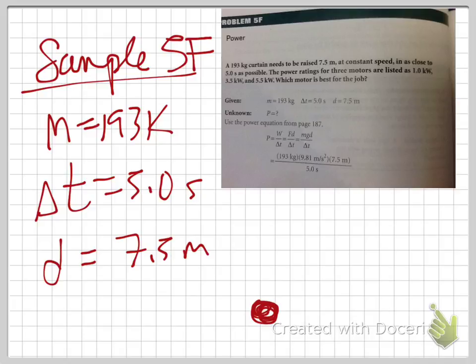So what we want is to find out how much power our ideal setup would have.